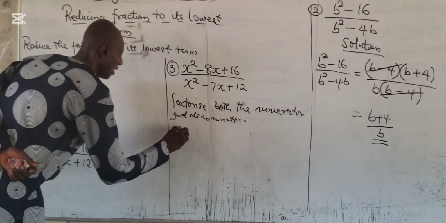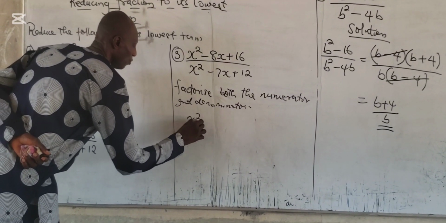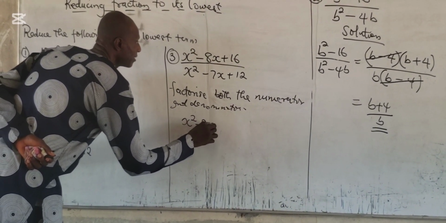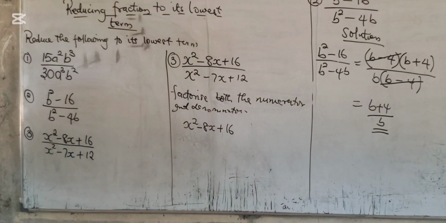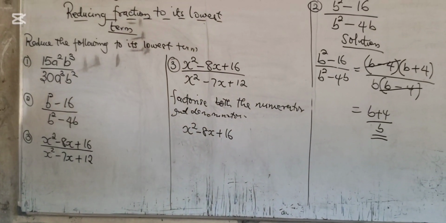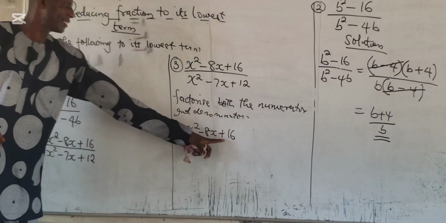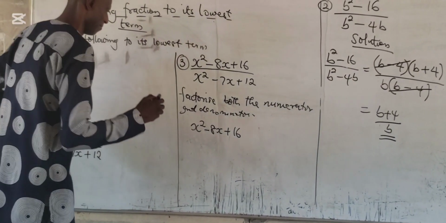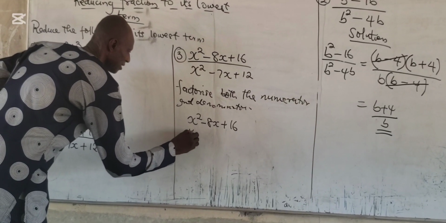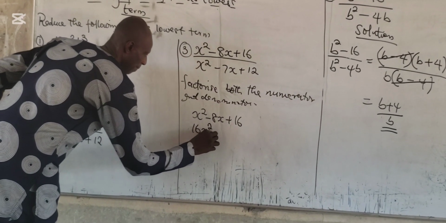The numerator is x raised to the power of 2 minus 8x plus 16. Some people don't know how to factorize, so this is another way to teach you factorization. You will use the last term, which is plus 16, to multiply the first term, so we get 16x squared.